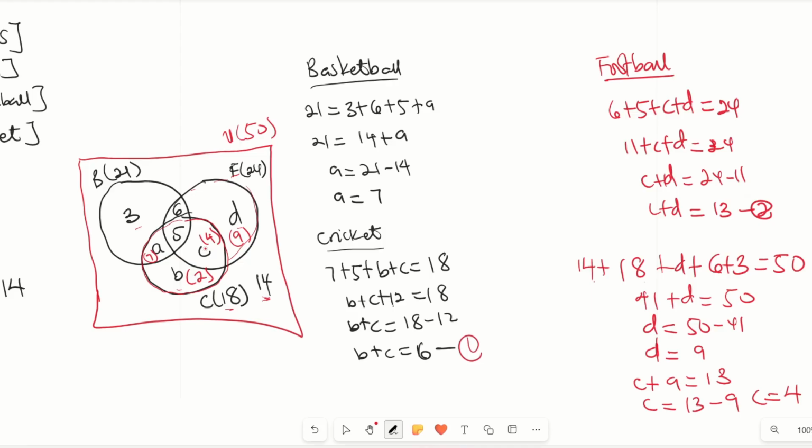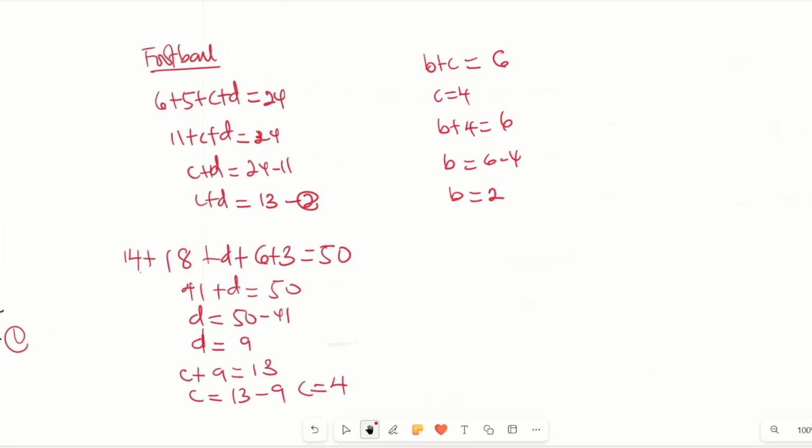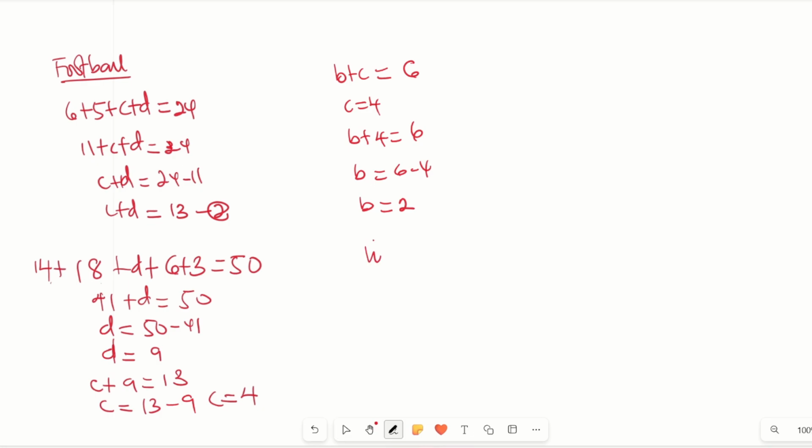When we put them together, the only is the C here, right? So we can say that for II, alpha, football and cricket only is equal to 4, right?